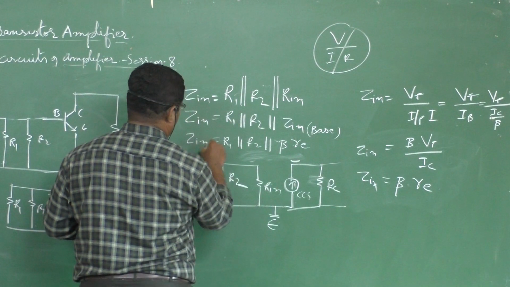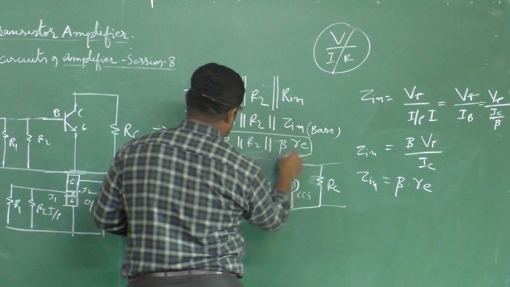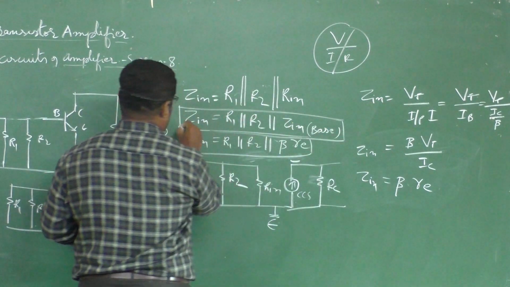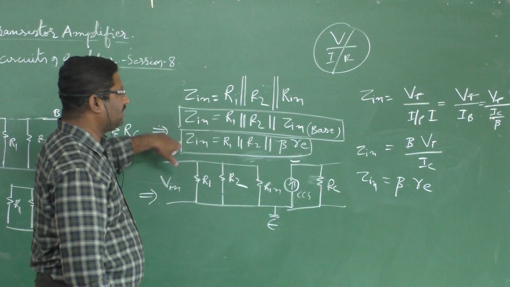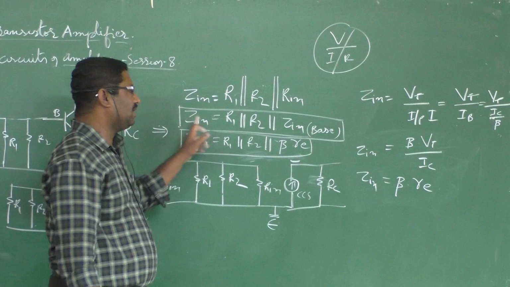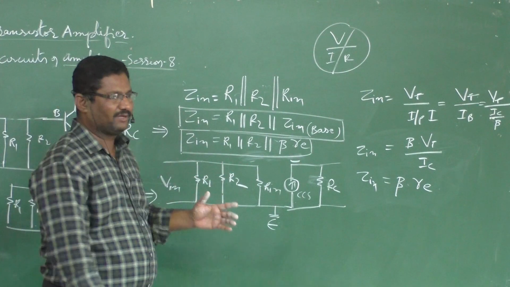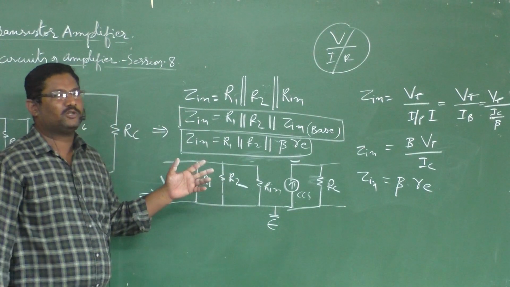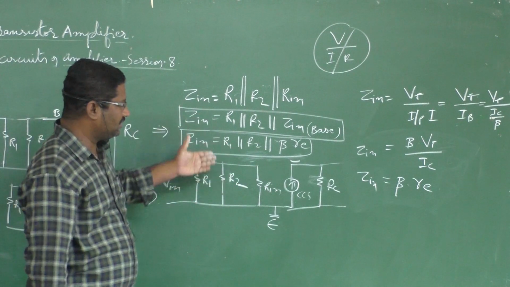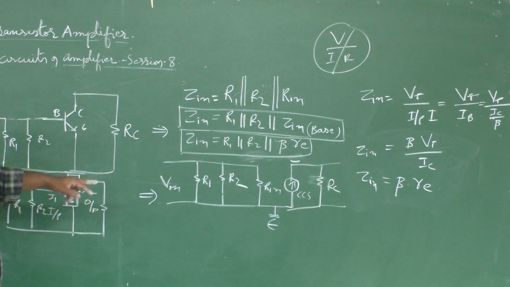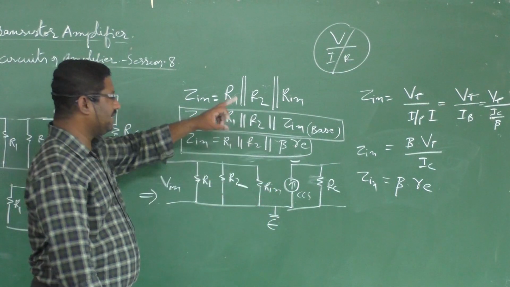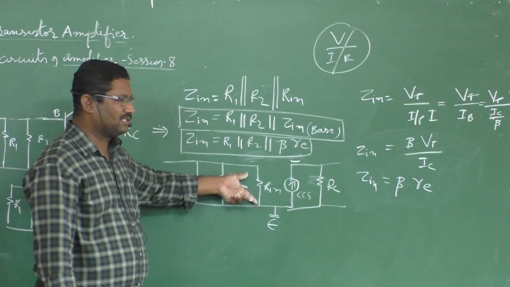Zin is equal to, we can use this equation, or we can use this equation, if this value is given. And in question number 27, part D, there is a compulsory numerical, so in that numerical these things will be used. So what is this Zin? Zin is the total input impedance, and Zin base is the input impedance across the base.